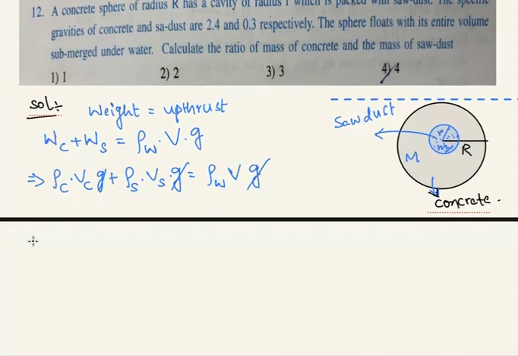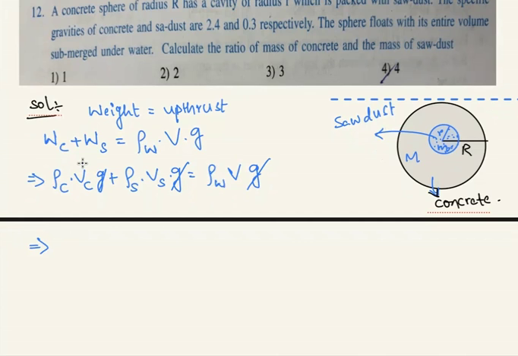Understand? Now, we don't know the volume of sawdust. Am I right or not? Only capital R radius and small r radius are given. That's it.